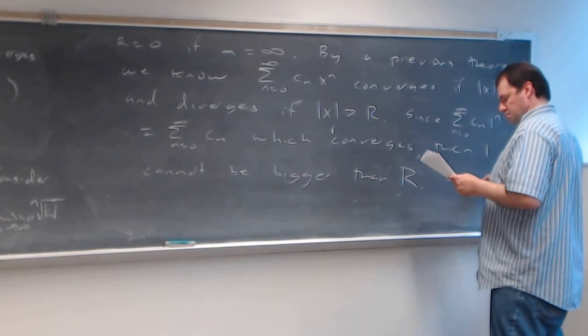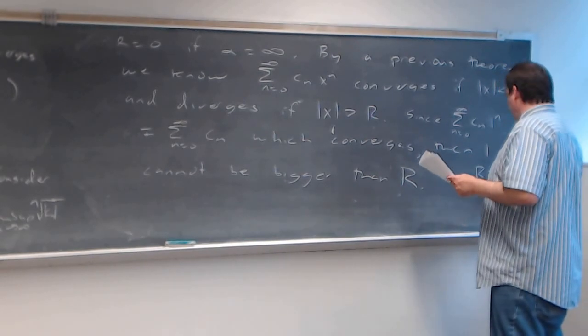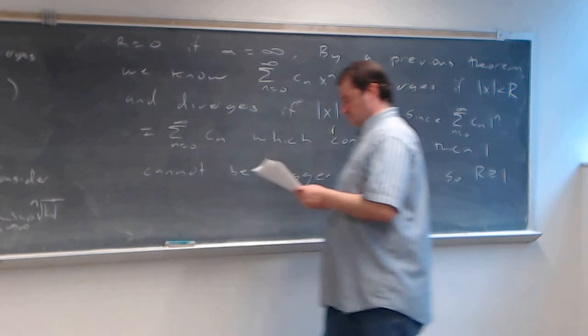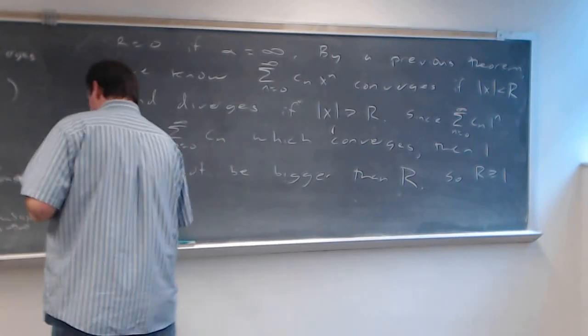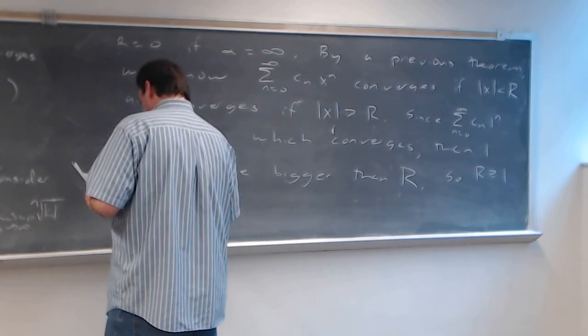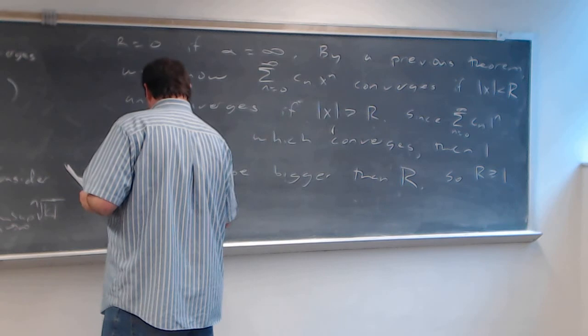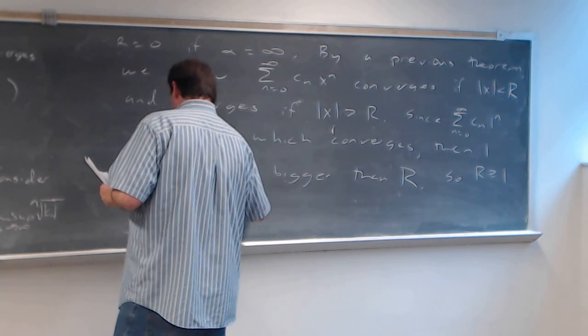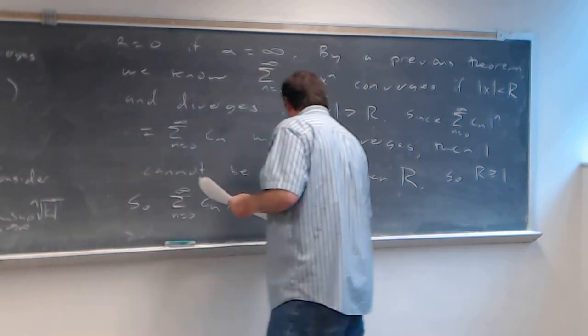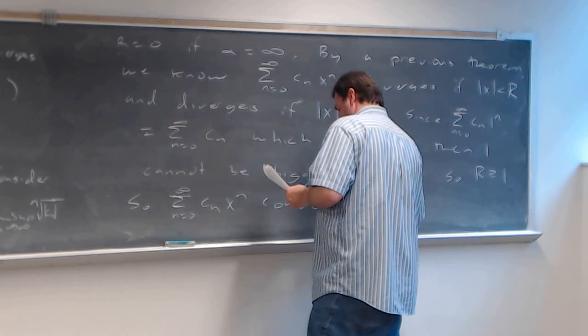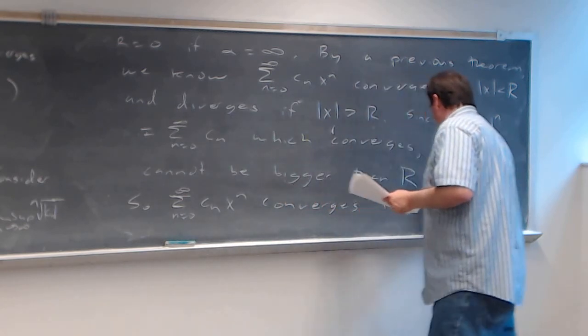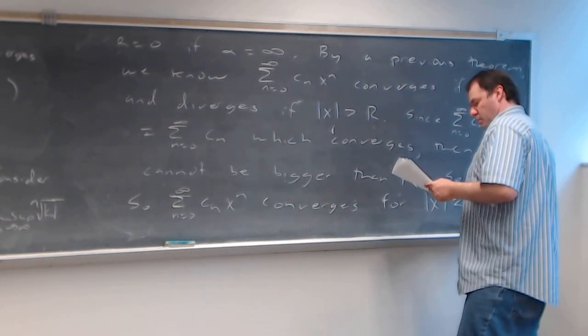So R has to be bigger than or equal to 1. So that means that this sum, as n runs from 0 to infinity, of c sub n x to the n converges for the absolute value of x being less than 1.